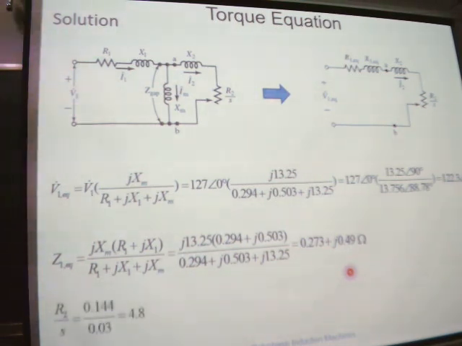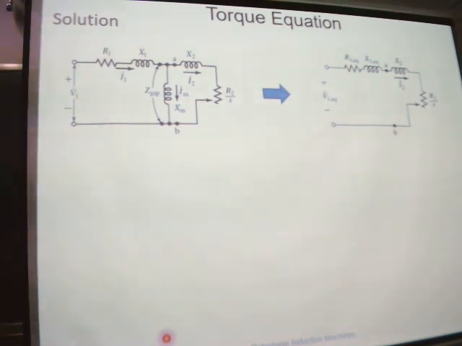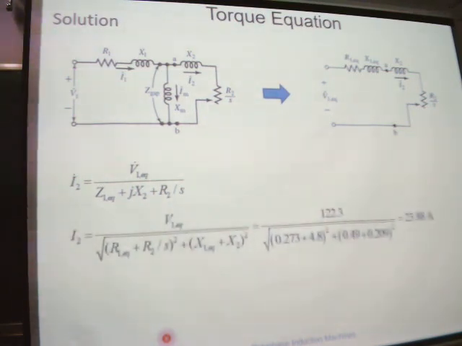Then we know the slip is 3%, so we can calculate R2 over S. And also the rotor current I2. This is the vector and this is the effective value. It's 26.9 amperes in the textbook.